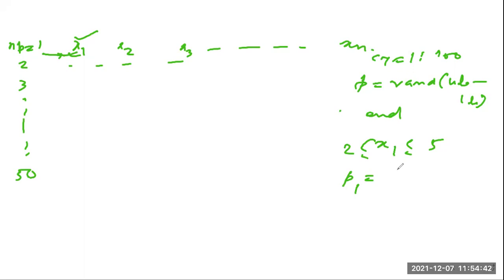So p1 will be equal to rand, let us say if you write rand 1, you get 0.2. So this is 5 minus 2, so it is 0.2 into 3. How much will it come? It is 0.6.